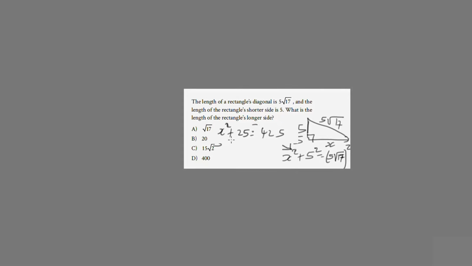So x square, we want to make x the subject, so this crosses over and changes to negative. We have x square equals 425 minus 25, which gives 400. So x square equals 400.